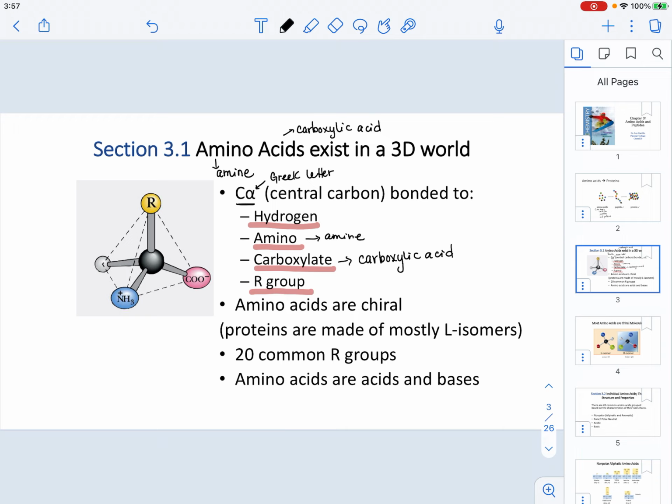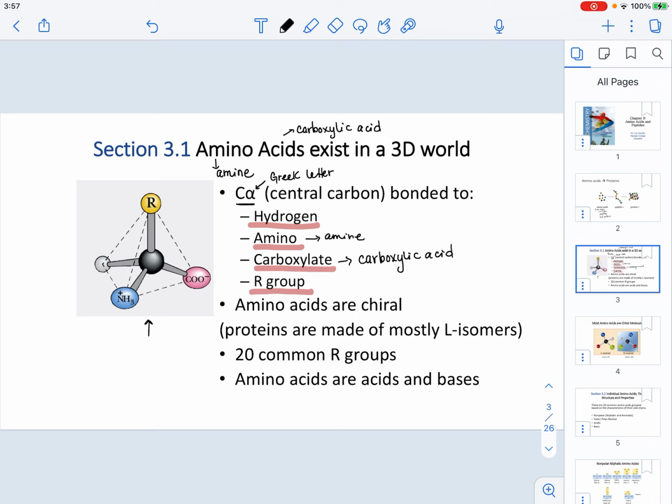Now, when we think about these amino acids, because we have a carbon atom that has 4 different groups, as you can see here in the image that we have to the left of the slide, many of the amino acids, in other words, the majority of them, to be honest, are going to be chiral. Now, understand that the isomer that is present for them is going to be the L isomer.